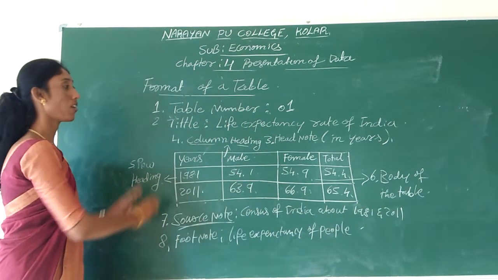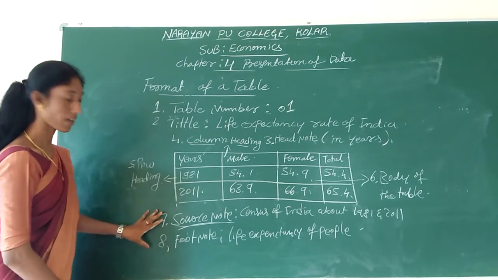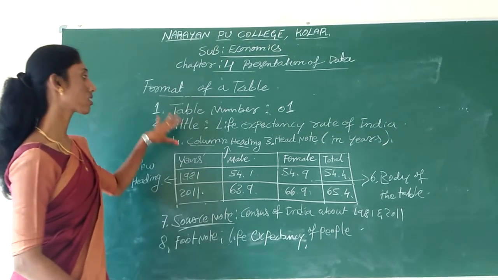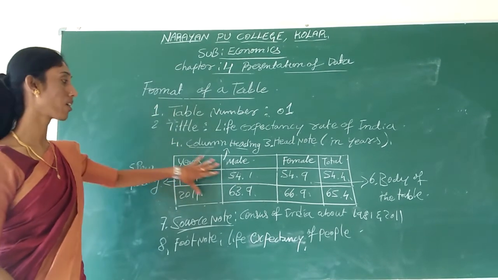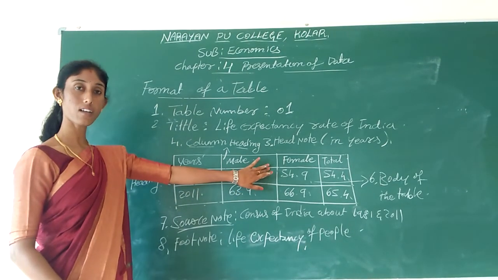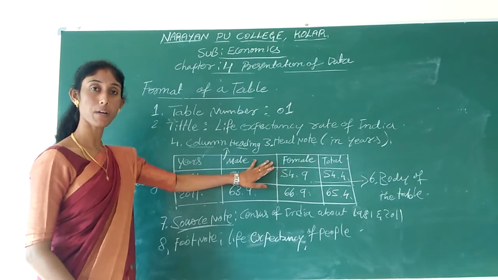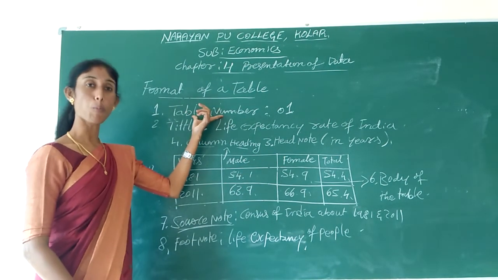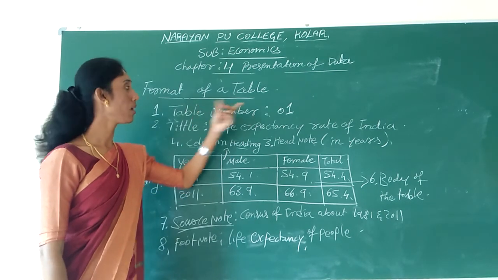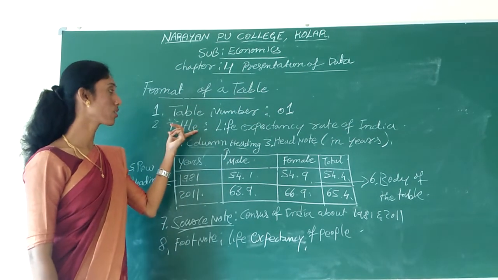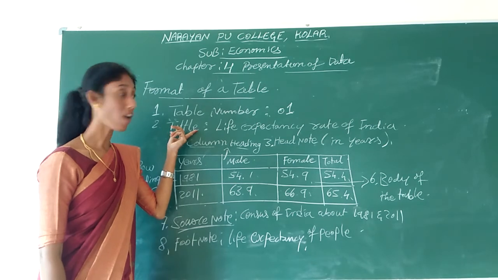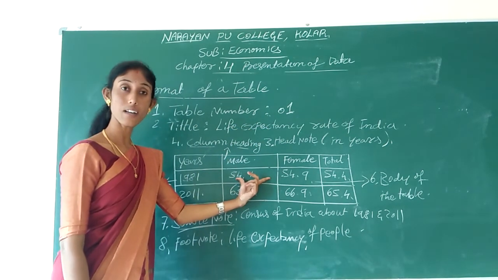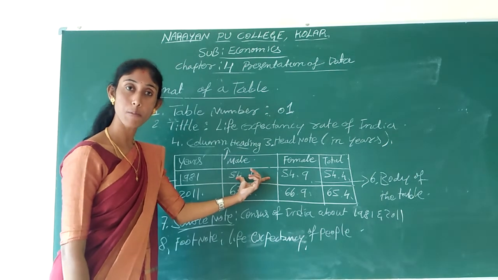This is the format of a table, by mentioning the 8 parts of a table, if we draw a table. Got it now? First we need to give an appropriate table number, and next we need to give a title to the table. Always the title will be the representation of the data which we are entering in the table.